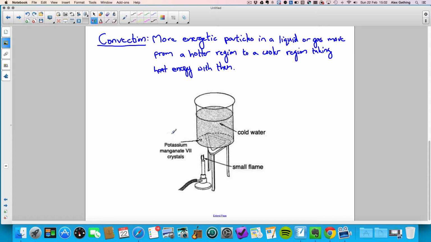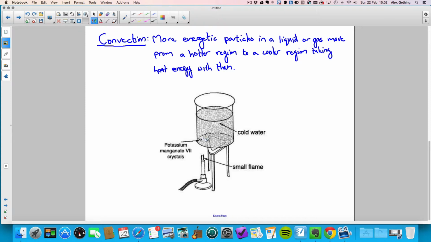So what's going to happen is that heat energy from this Bunsen, from this probably smaller than usual flame, is transferred, and the particles near to this point are going to get more energy. So they're going to move around more quickly, they're going to vibrate more quickly, and they're going to start sliding past each other more quickly.